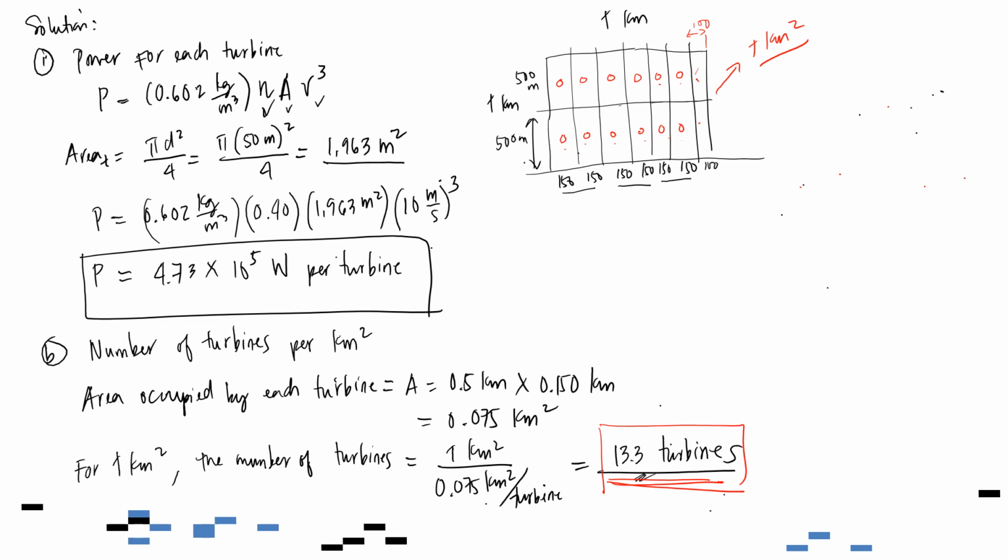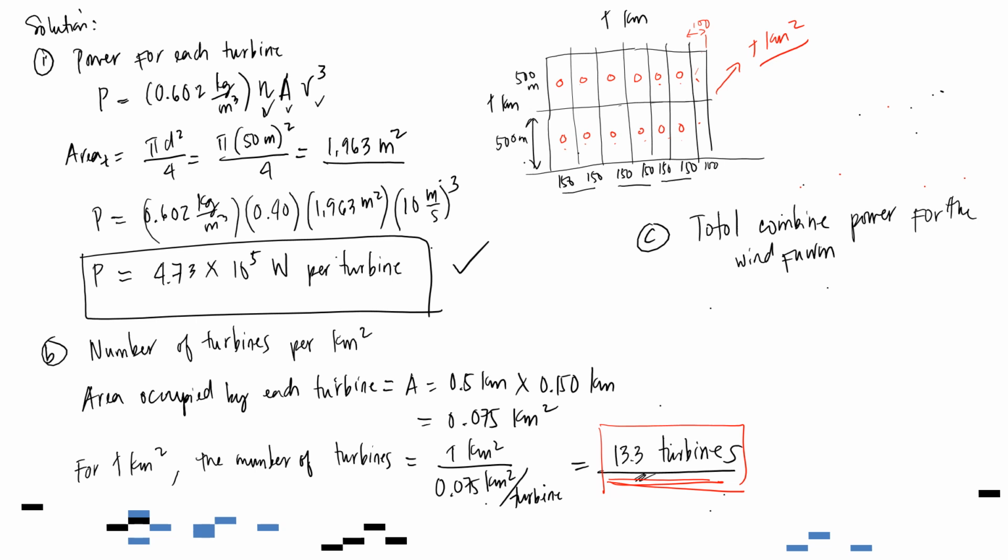So let's now compute the total combined power for the wind farm. In order to do that, we already have the power of each turbine.